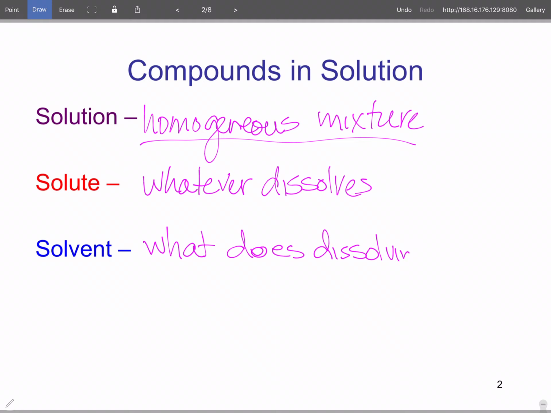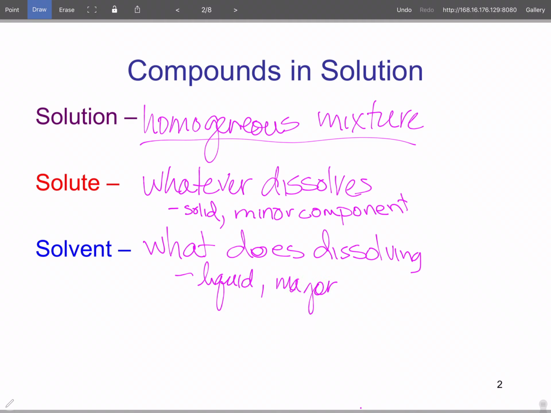Well, most of the time, the solute is often a solid, not always, so be careful, but it's the minor component. Because you can have solid solutions, you can have liquid solutions, you can have gases. Gases are actually very, very common. There are very few pure. And the solvent, if you're making Kool-Aid, would be the liquid or the major component.